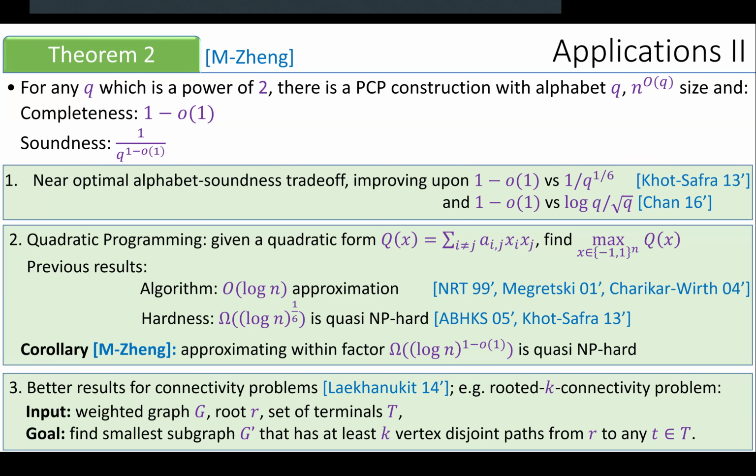So now you need to put it. For this quadratic form, if you know something about which A and J's are non-zero, then you guess all of them.